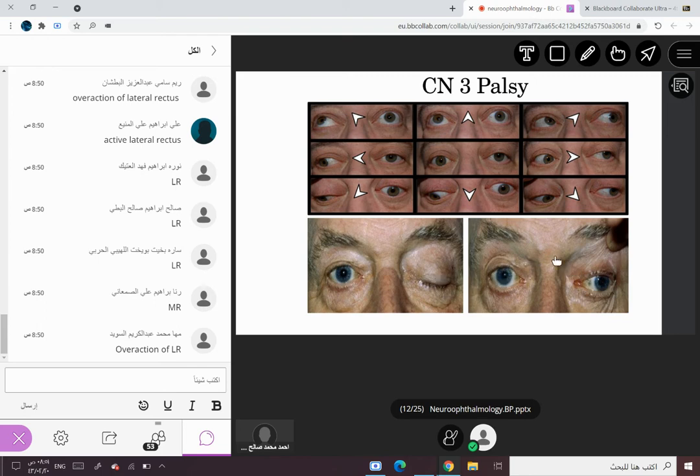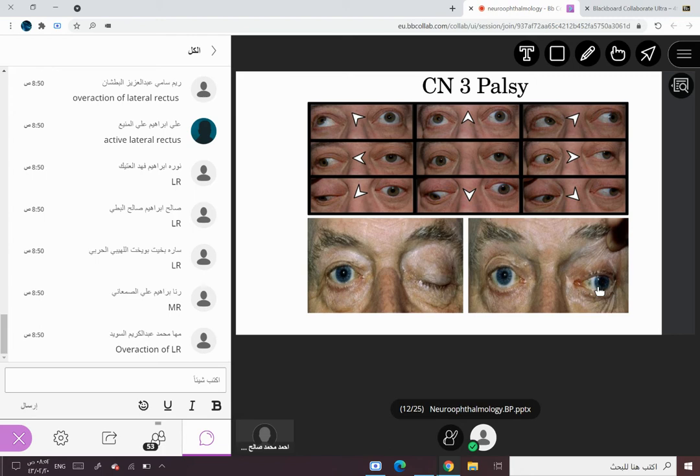Okay, we examine the patient and we find this. You see this dot? This is what we call the corneal light reflex. When you open the eye, what we will find in such patients, you see the reflexes here.